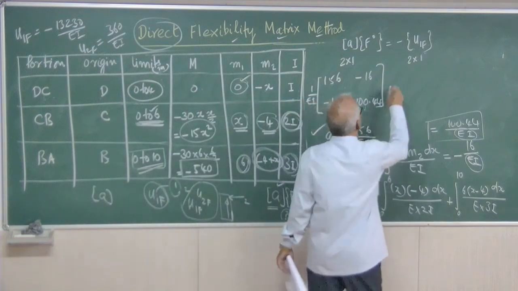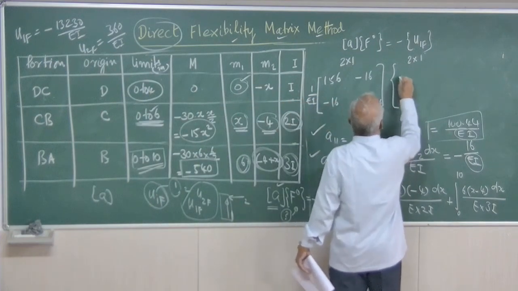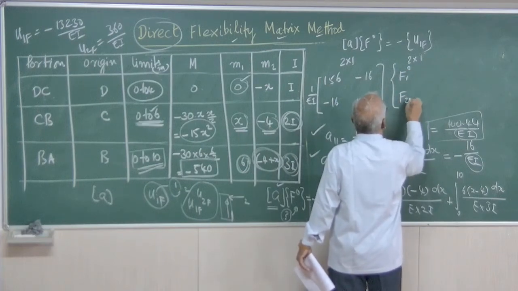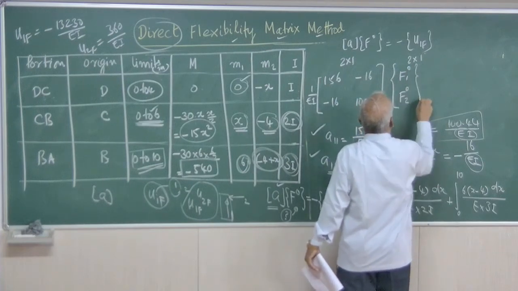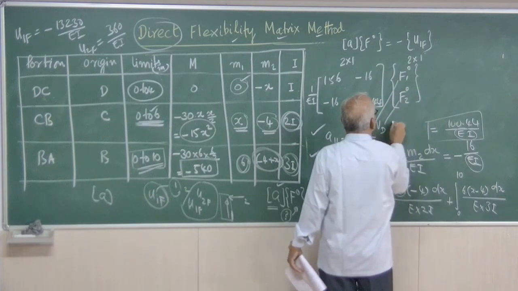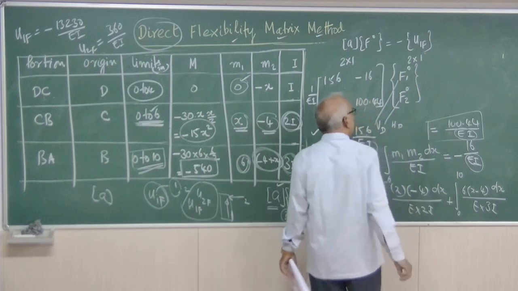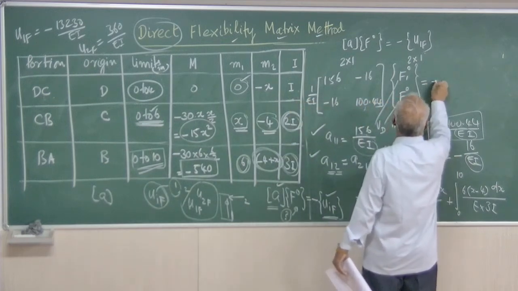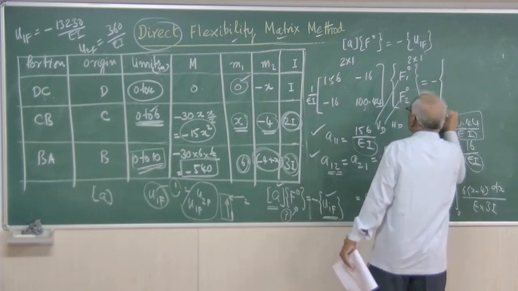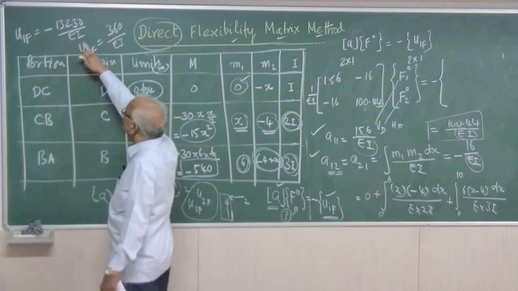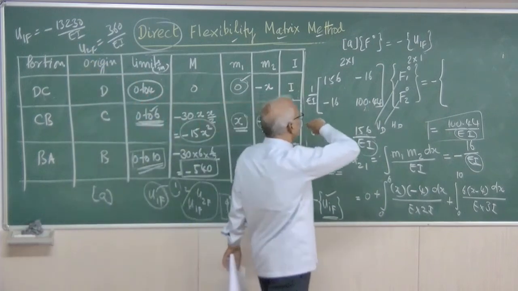Into F1 naught and F2 naught, these are the unknown redundant forces. Actually, this value is the vertical reaction at D, and this value is the horizontal reaction at D. So this is equal to minus of U1F, which is minus 13,230 by EI.